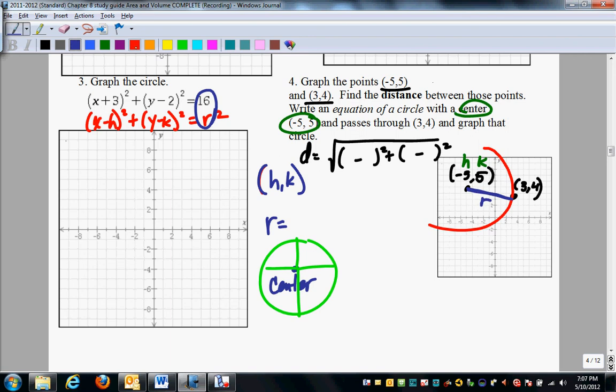And then you want to write an equation of a circle once you solve that and plunk in your h, k and your radius, (x minus h) squared plus (y minus k) squared equals radius squared. So ultimately, you're going to find the h, the k, and the radius and write an equation of a circle.